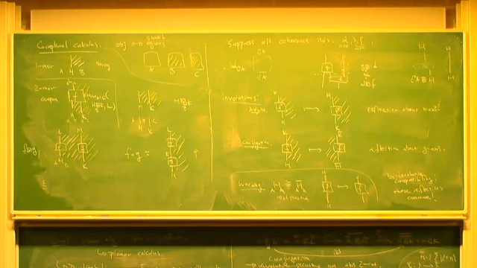So we saw an example. We had gamma, an ICC group, an infinite ICC group, not the trivial group, and then we saw that the left regular von Neumann algebra was a II_1 factor.